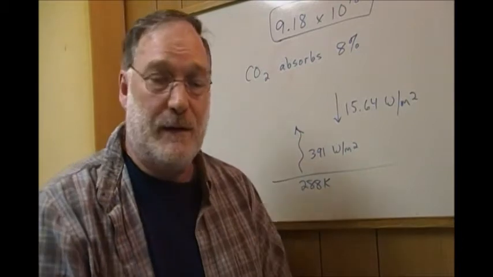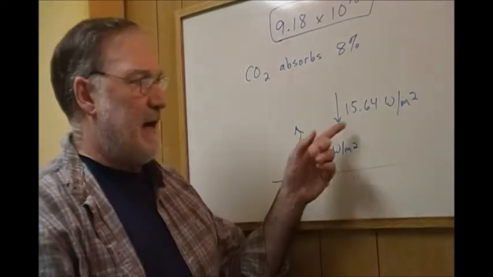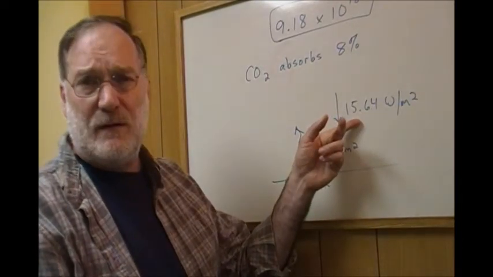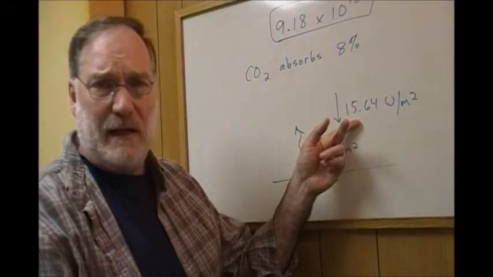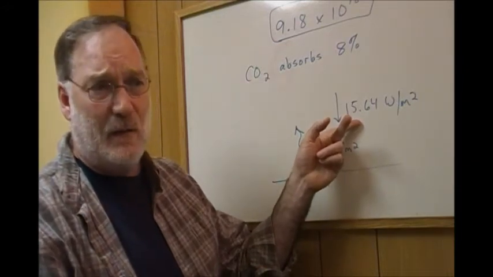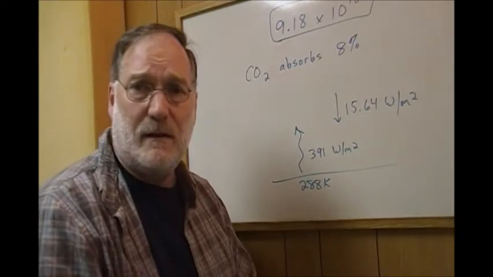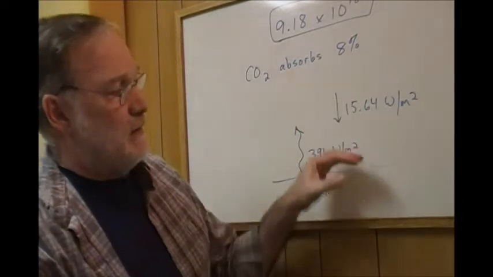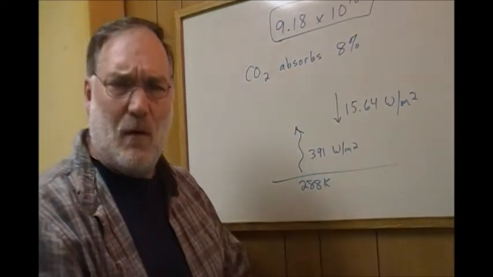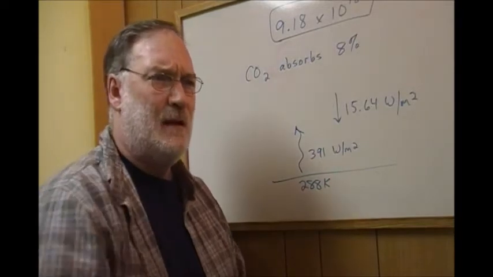Does that warm the Earth? This is called back radiation, downwelling longwave radiation, infrared radiation in a downward direction, or thermal radiation. This is radiation coming from those molecules back down to the Earth. Does that warm the surface of the Earth?